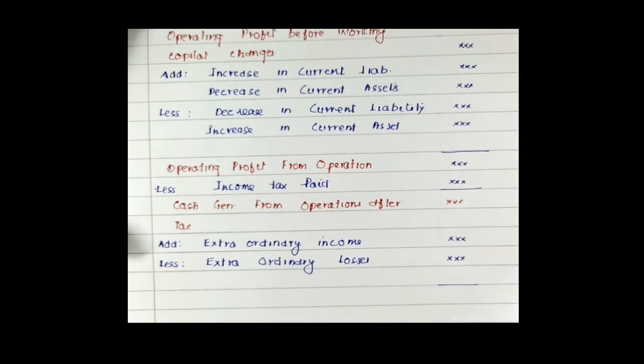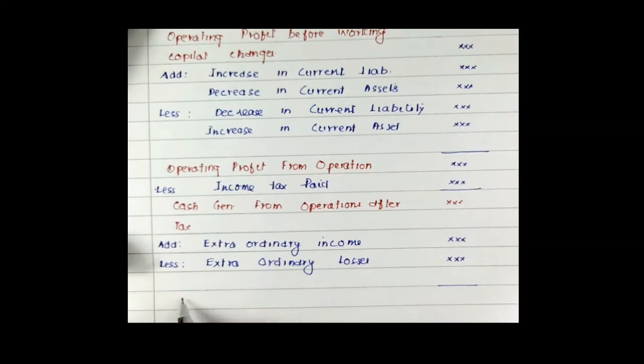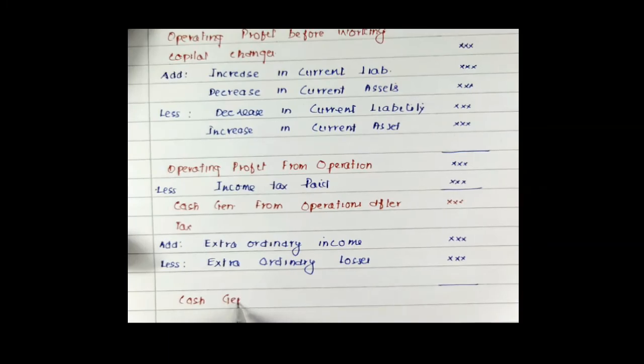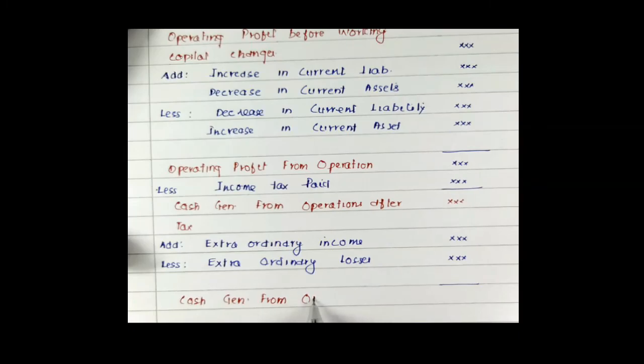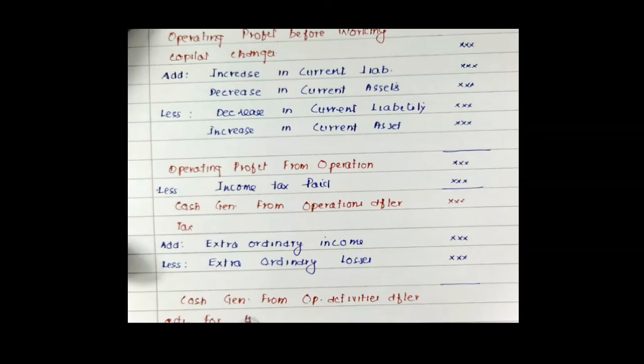And then we will get cash generated from operating activities after adjustment for extraordinary items, EOI.